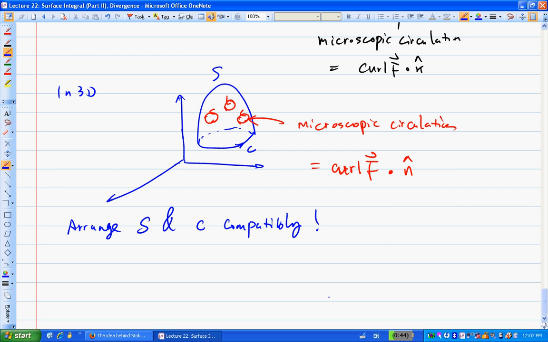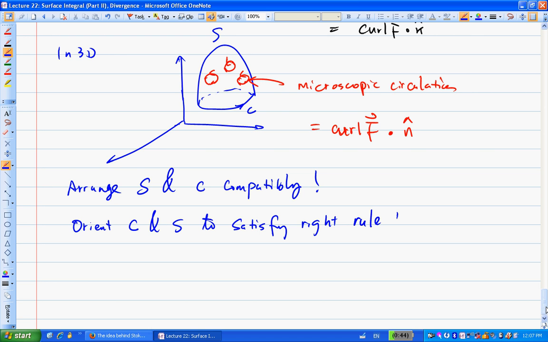Compatible basically means you have to satisfy the right-hand rule for the orientation of S and C. So orient C and S to satisfy the right-hand rule. Here's a fun exercise for you to practice the right-hand rule.